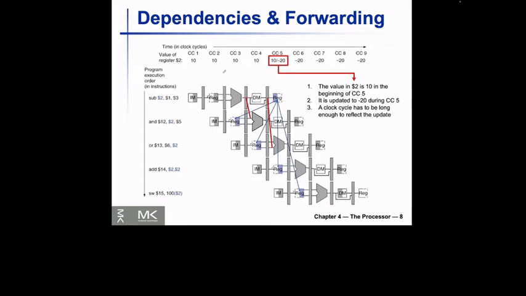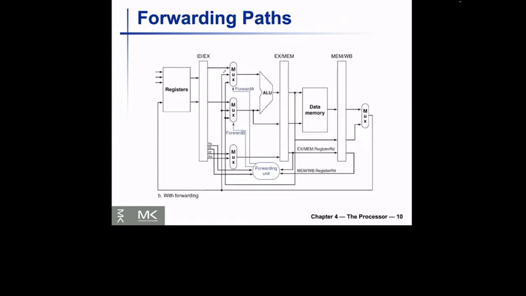Or if we have 3 consecutive instructions, the first one and the third one are R-type, and the destination of the first one is the source of the third one, there will still be a data hazard. Okay, so we have to check these situations.